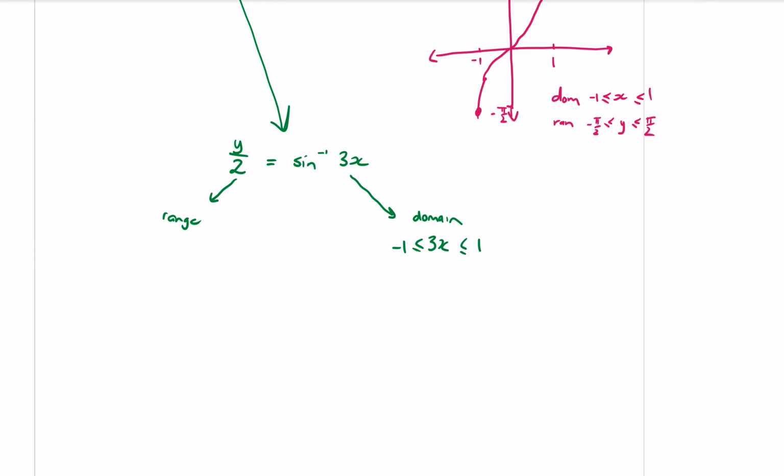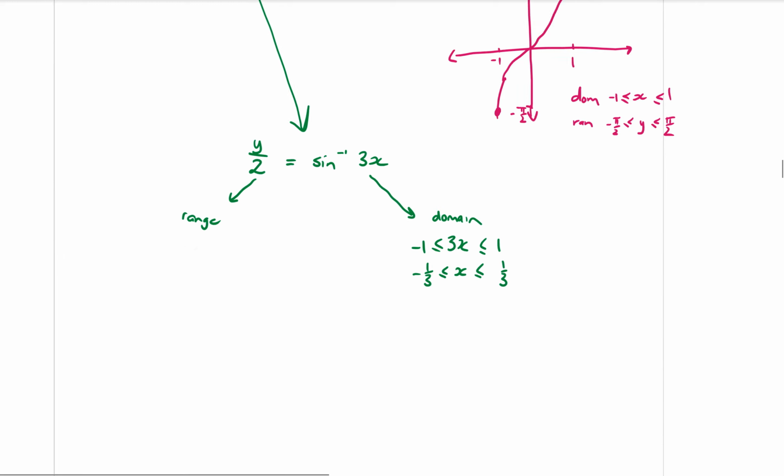I get that from knowing my inverse sine function. So then I just want to get the x by itself. So I'm going to divide that whole inequality through by 3, which would be between -1/3 and +1/3. So that is my new domain.